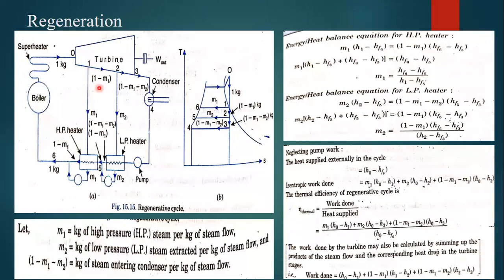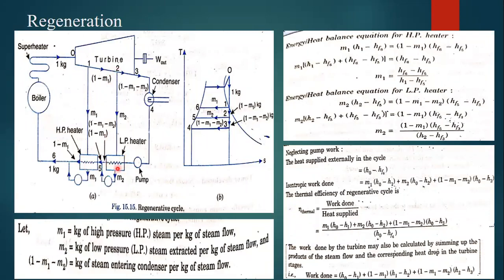With the help of the turbine only. The power required to run these feed heaters can be taken from the turbine itself. Some of the steam is expanded here, extracted after some expansion, and used to raise the temperature of the water.